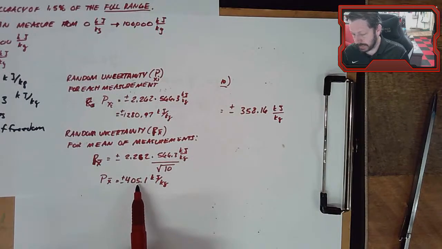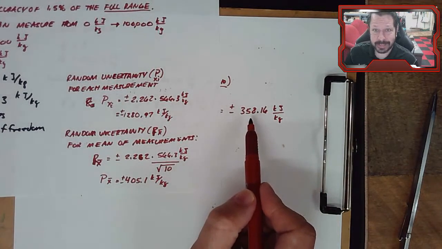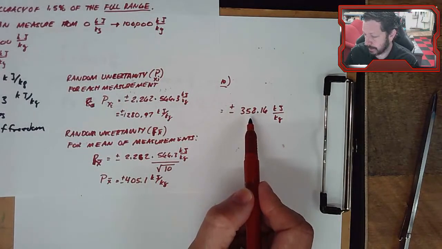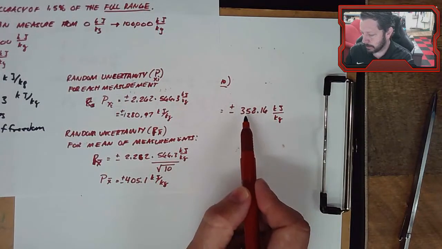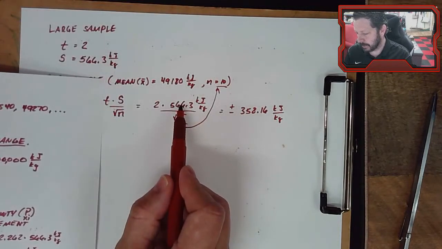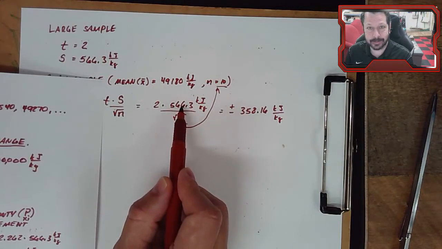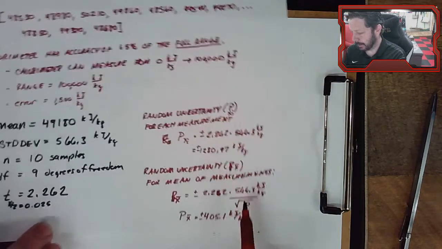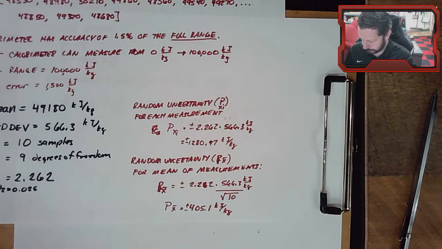Random uncertainty, I've taken 10 measurements. Random uncertainty, that in the past I've taken a whole bunch of measurements, and now I've taken a new set and it's got a smaller uncertainty because I'm using the standard deviation from the larger set. So I'm more sure that this is the correct standard deviation, and I'm getting less and less certain when I take fewer and fewer samples.